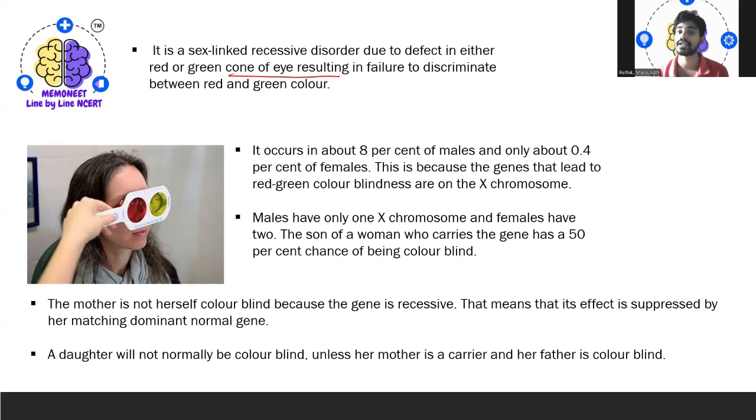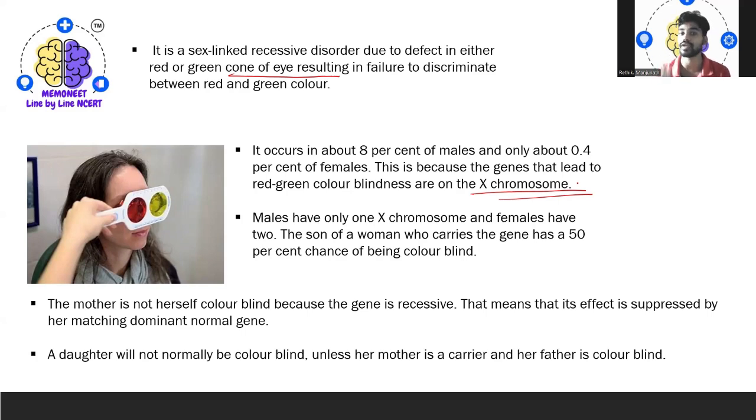This is because the genes which lead to red-green color blindness are present on the X chromosome. Now we know that the male has only one X chromosome and the other one is a Y chromosome, whereas the female has two.